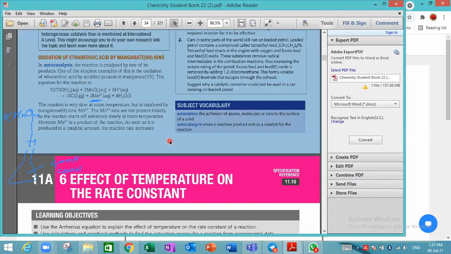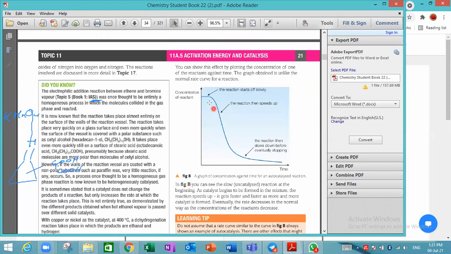So if we draw the concentration of the reactant against time, we will find that the reaction rate at the beginning is very slow, because manganese +2 is either not found at the very beginning or found in a very small amount. So it's not acting as a catalyst at the beginning, and the reaction has a very slow speed.